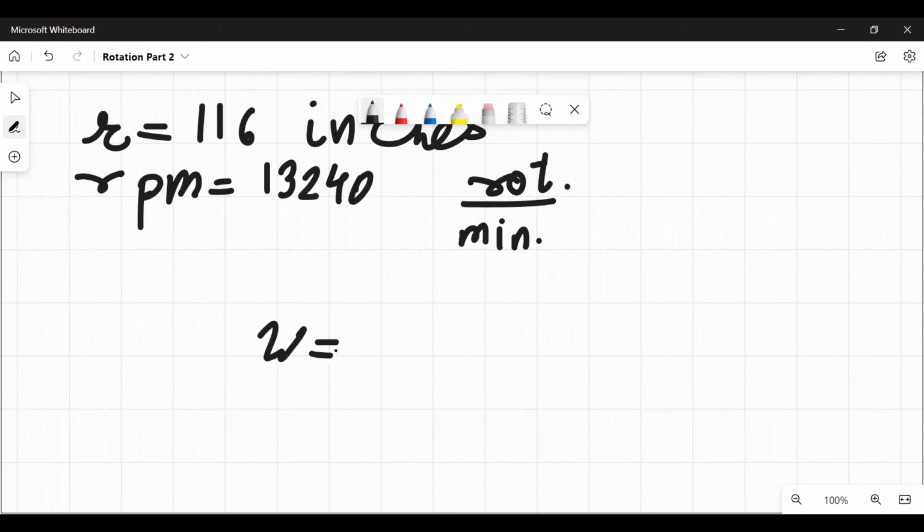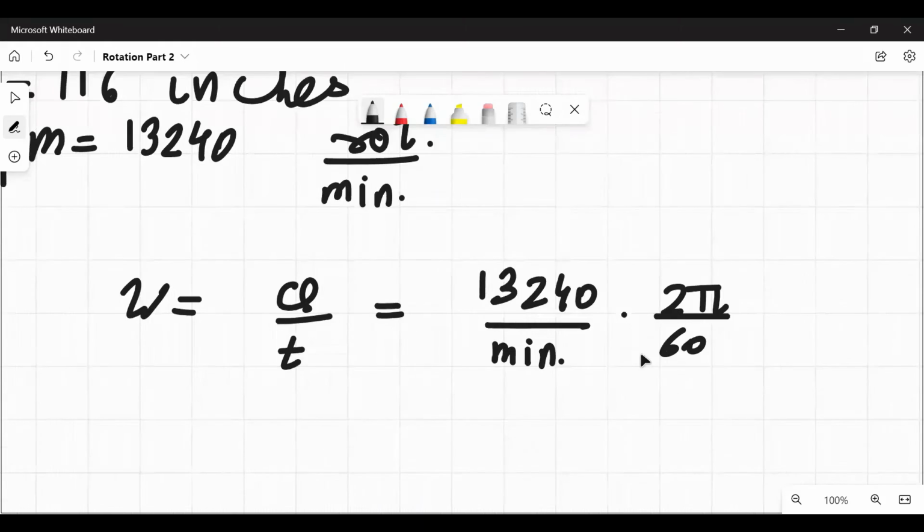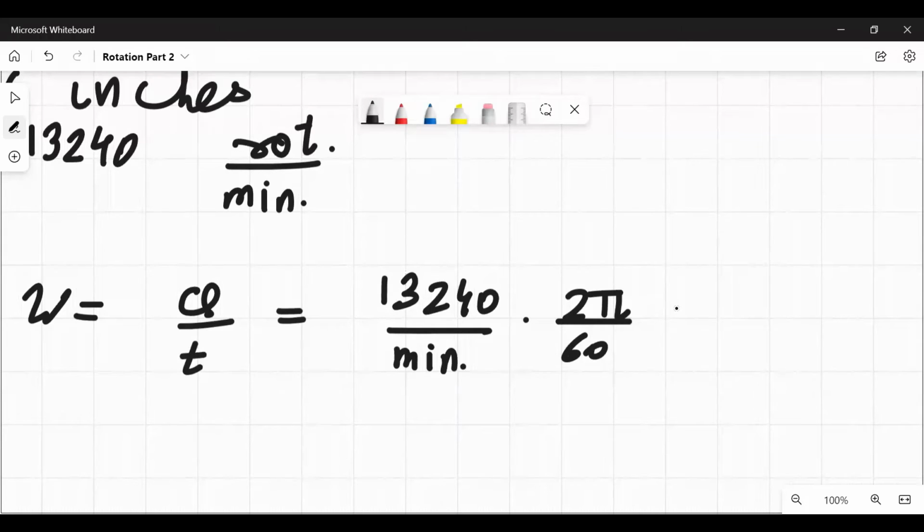Angular velocity equals theta over t, which is time, equals 13240 over a minute times 2 pi over 60, and we want to make it into radians per second, so we have to do 1 minute over 60 seconds. So the minute cancels.